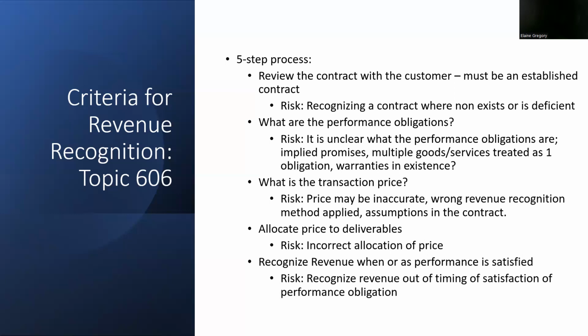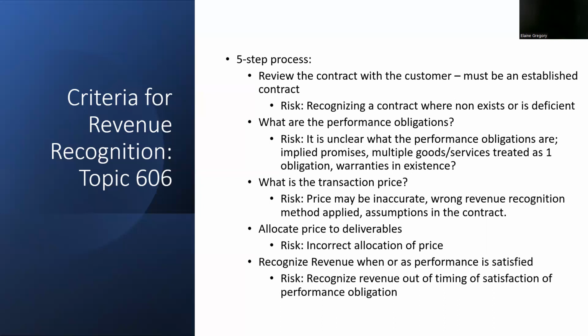We allocate the price to the deliverables. Well, our biggest risk is going to be the incorrect allocation of price. We no longer just go 25, 25, 25, 25. We have to allocate the price to the actual deliverable obligations. And finally, recognizing revenue when performance is satisfied. When is that?